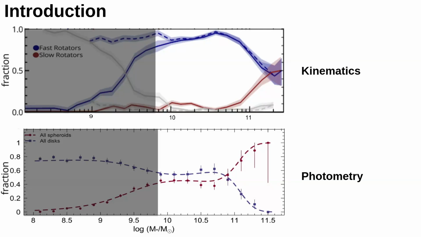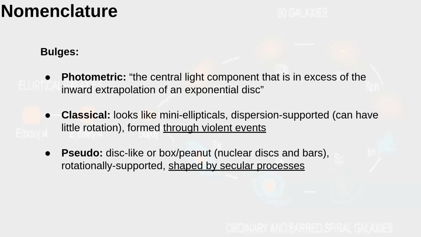Now, discussing nomenclature, let me stress one key point, especially about bulges. In the literature, you can find a lot of names associated to bulges. The ones that we discussed in the beginning about the photometric decomposition are what we call photometric bulges. Okay, and they are simply the central light component, which is compact and in excess of an exponential disk, an outer disk.